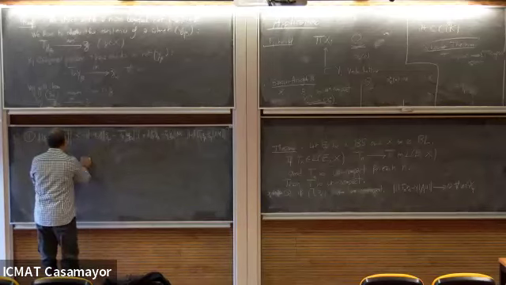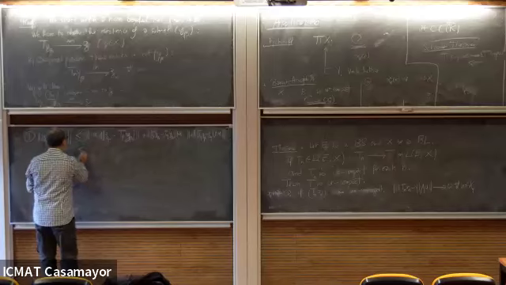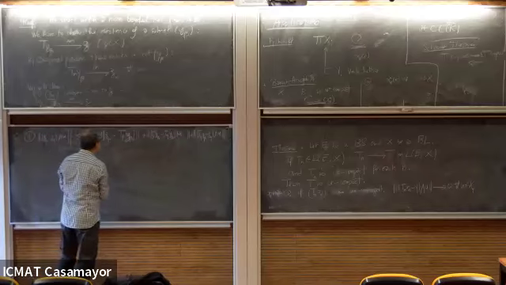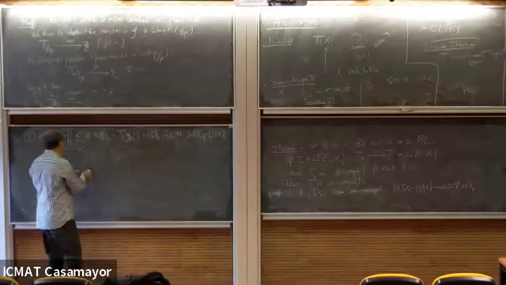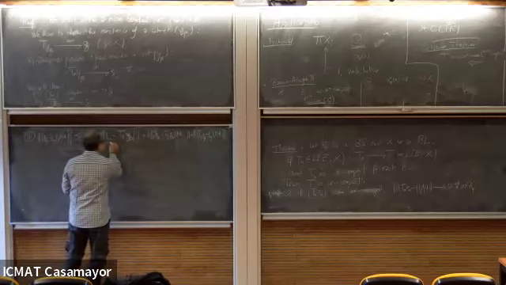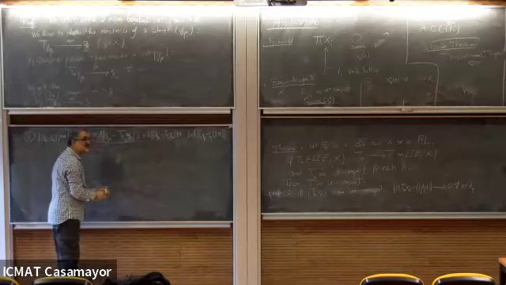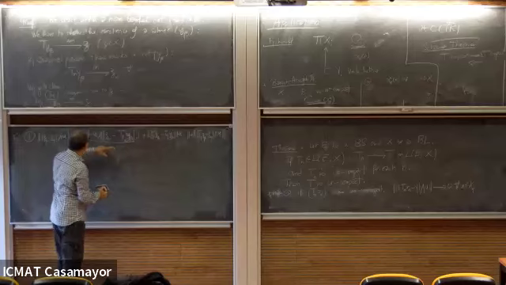So this is less or equal than, now we can choose beta, because here there is no beta.